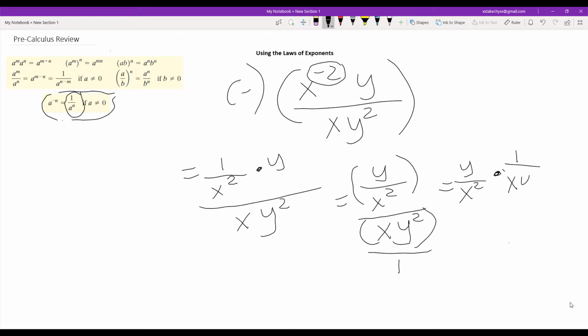over x y squared. And of course this is the same as, let me split this here so you don't confuse yourself, y over, well, you can simply multiply the x's.